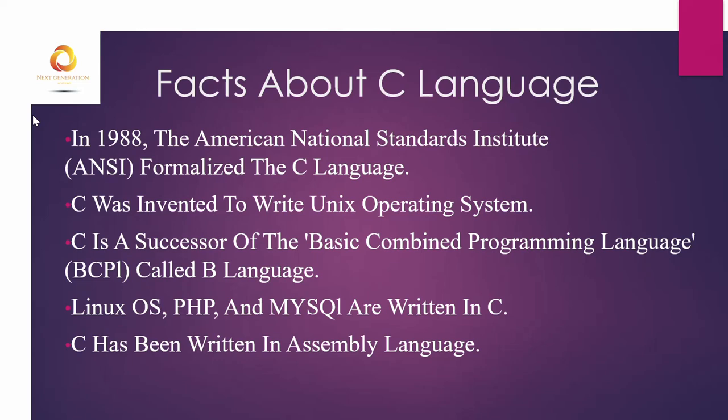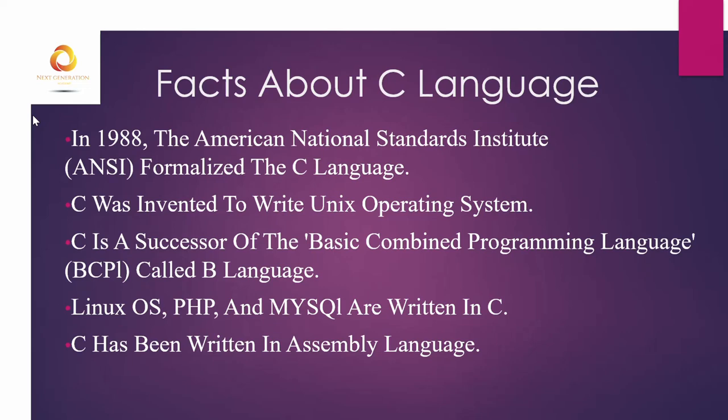Now, the C language was formalized in 1988 at the ANSI. ANSI is the American National Standards Institute. This is a non-profit organization that is found in the US. If you want to know more about the ANSI, then you can read that up on Google.